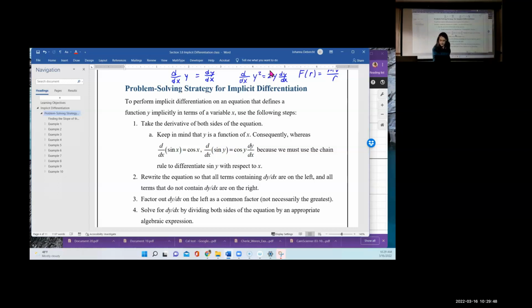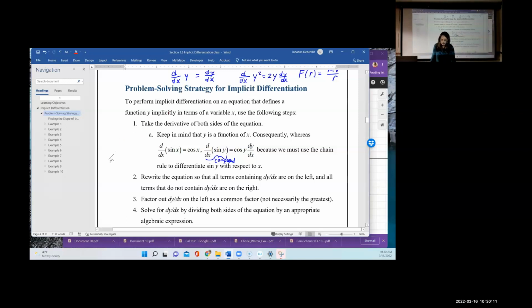But the derivative of sine of y is a composed function. And that means that we have sine x on the outside and we have y on the inside. So the derivative becomes the cosine of y, freeze the inside, times the derivative of the inside function dy dx. We're using the chain rule.